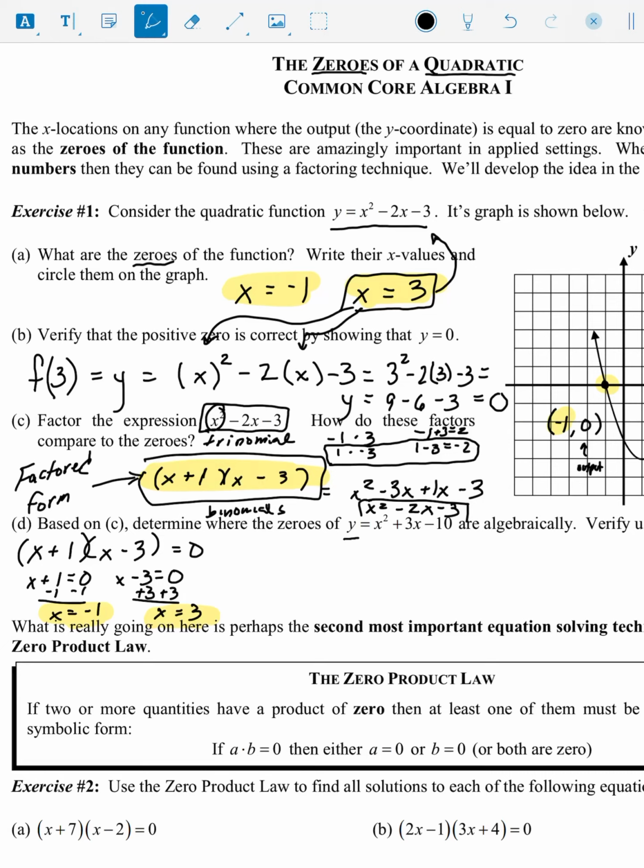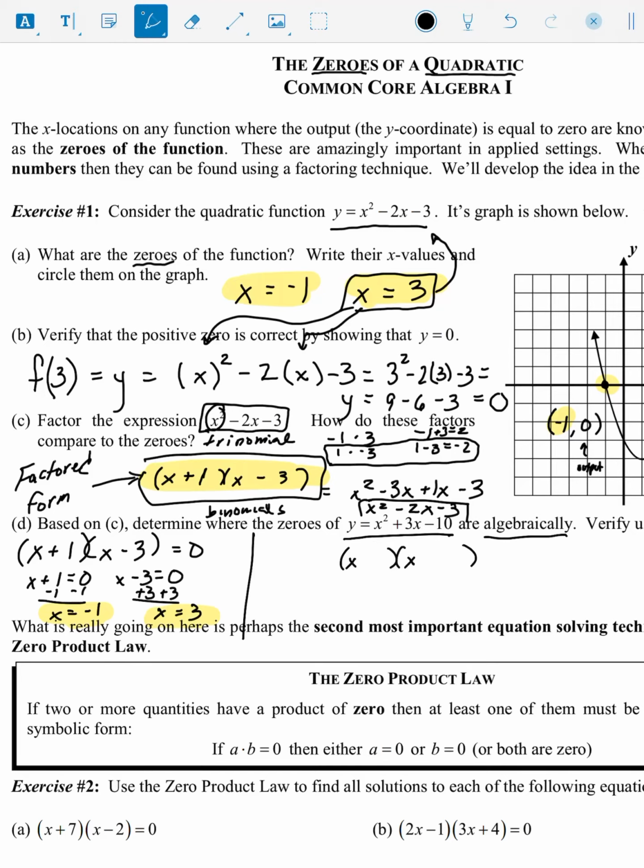Now, I'm going to do this example next, part D, and I'll try to separate everything as best possible. Here's the actual step-by-step process of finding zeros algebraically. Given my function y is equal to x squared plus 3x minus 10, I know that this function can be factored from a trinomial into two binomials.